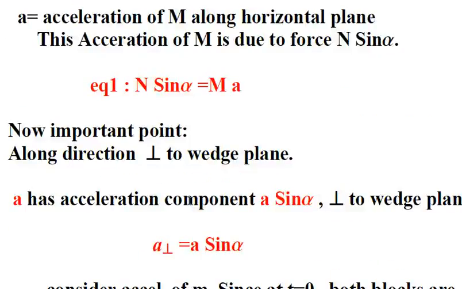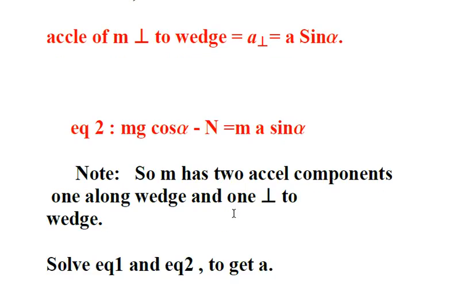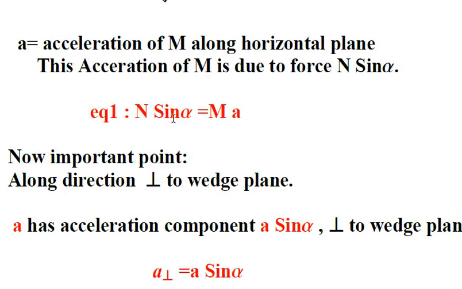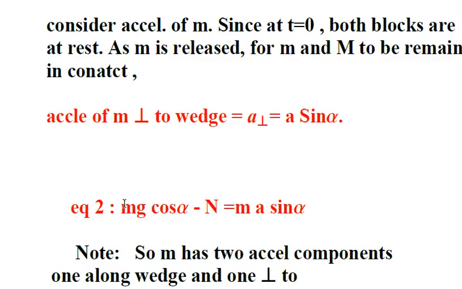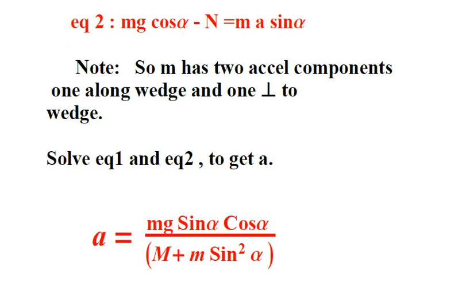So there are two accelerations here, one along the wedge and one perpendicular to the wedge. So there are two equations here, N sin alpha is equal to M into A, and mg cos alpha minus N is equal to m into A sin alpha. So we solve these equations, equation 1 and 2, we get acceleration A of this.